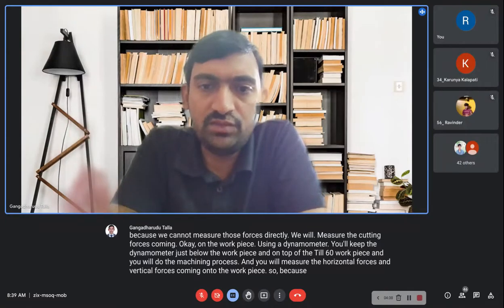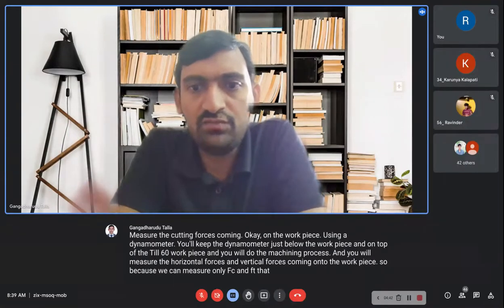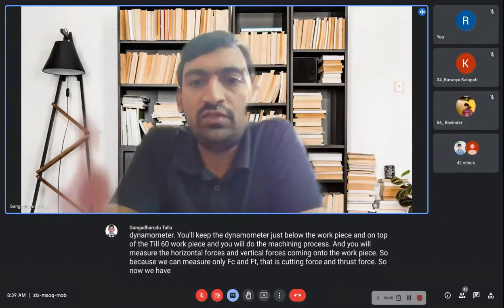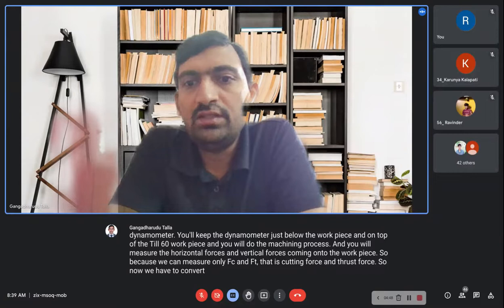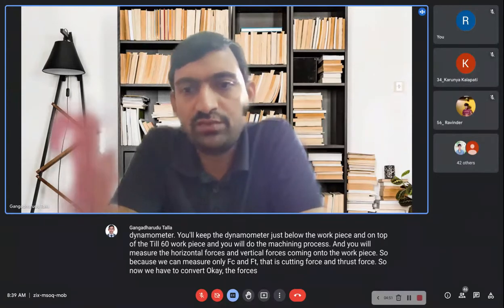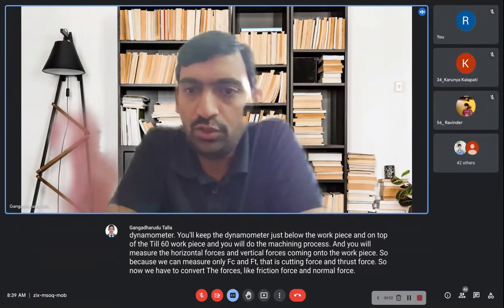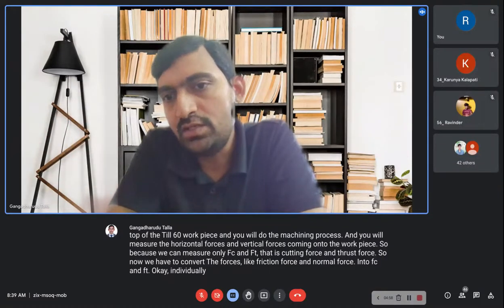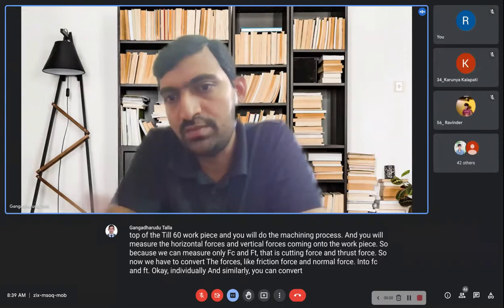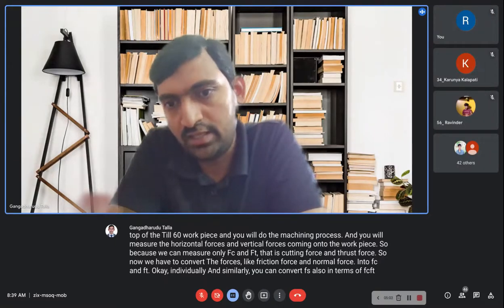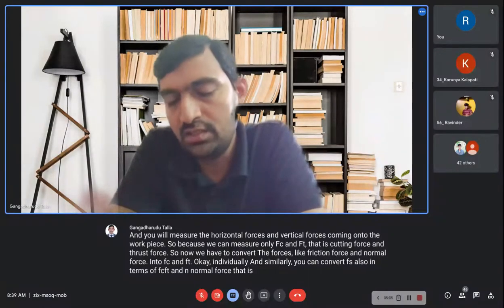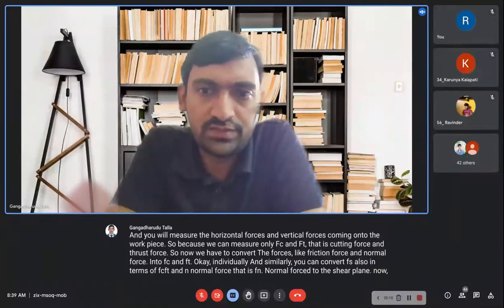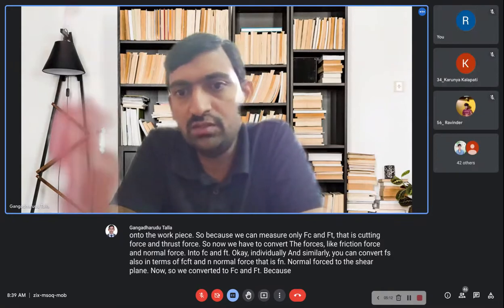So because we can measure only Fc and Ft, that is cutting force and thrust force, we have to convert the forces like friction force and normal force into Fc and Ft individually, and similarly we will convert Fs also in terms of Fc, Ft and Fn, the normal force to the shear plane, will also be converted to Fc and Ft because those are the known forces.